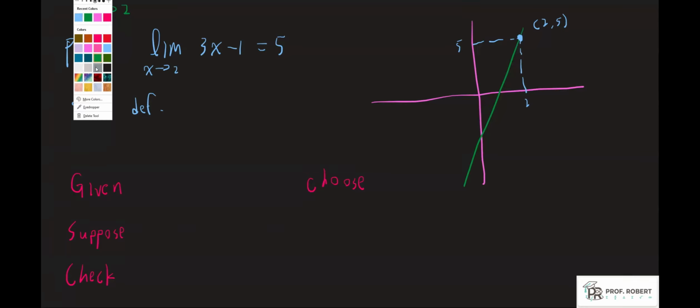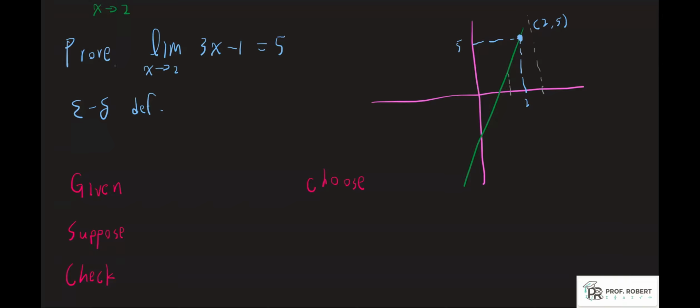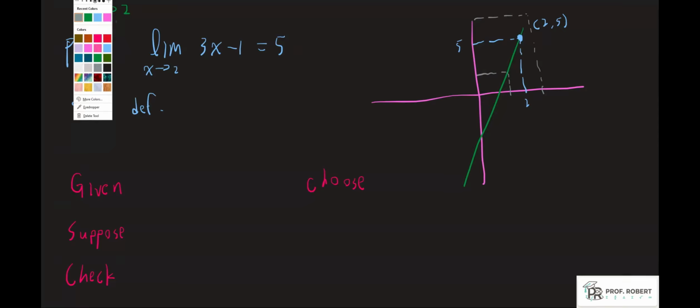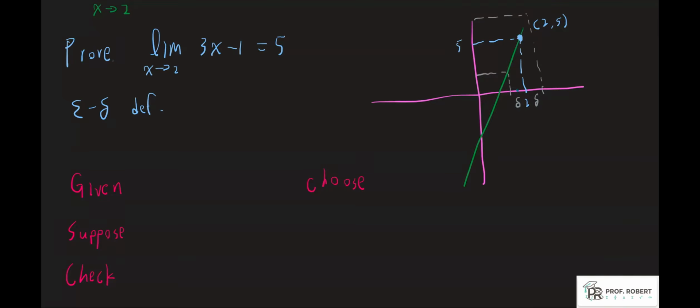if I can land within some neighborhood of 2, then my y value will be in some neighborhood of 5. So let's say I have some neighborhood of 2, and let's call that delta. And let's say if I pick an x value that's inside the neighborhood of 2, and then if I go up and translate through the function, I'll be within the neighborhood of 5.